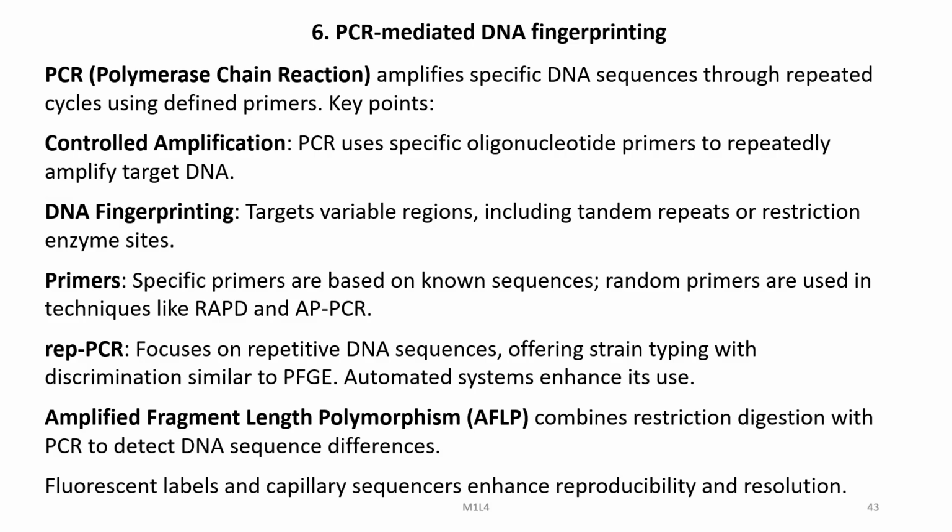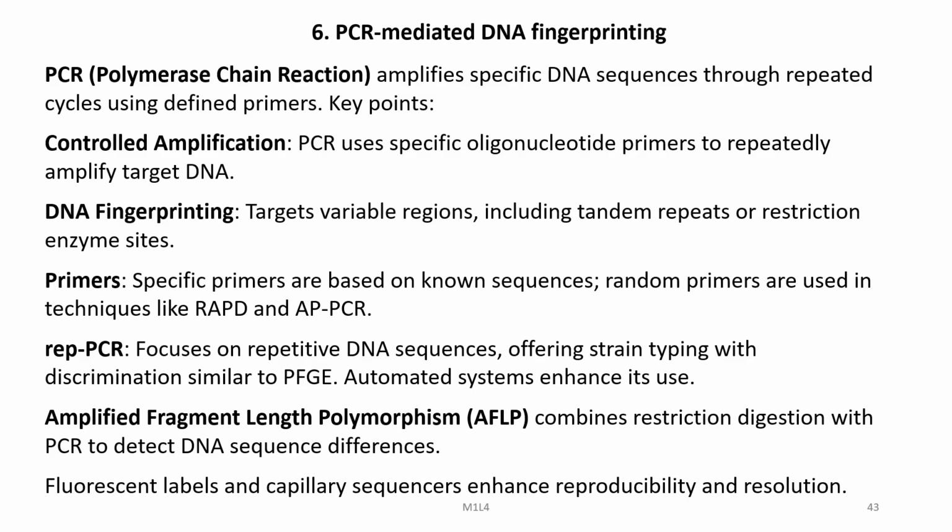PCR uses specific oligonucleotide primers to repeatedly amplify the target DNA. Then for DNA fingerprinting, target variable regions including tandem repeats or restriction enzyme sites are taken. Specific primers are based on known sequences.